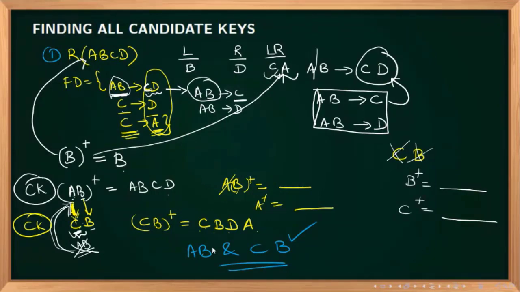I have all your names over here now. So somebody can tell what is the procedure for finding all candidate keys, which we have learned last class. Please respond. Who is that? Archana. Very good. Archana, tell what is the procedure for finding all candidate keys.